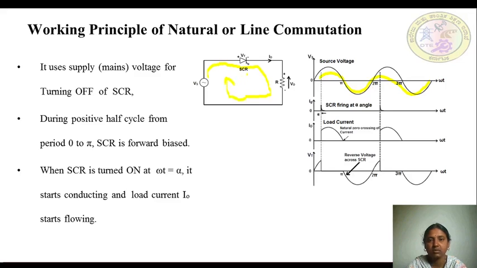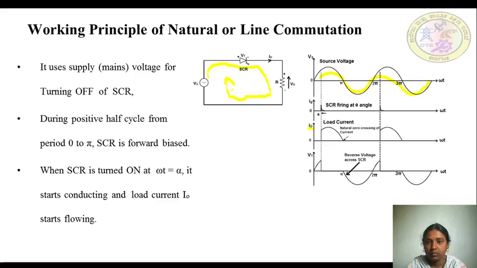This is the direction of the load current which will be flowing in this circuit. We can observe this in the waveforms. In these waveforms, this is the load current with respect to omega t.